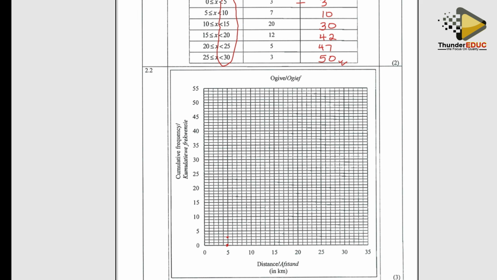I'll put a dot there. And then the next one will be at a 10. 10 will go with a 10, which is somewhere there. And then 15 will go with 30. 15 goes with a 30, which is that point. 20 goes with a 42.